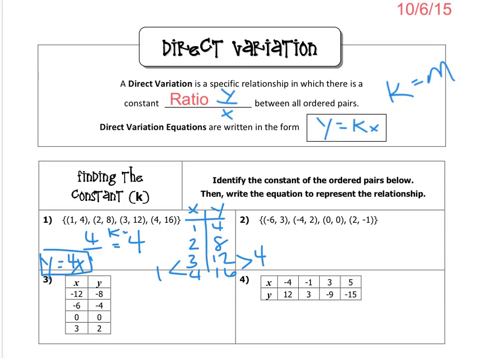Okay, and you would do the same thing over here. Set this one up also in a table, x and y: -6, 3; -4, 2; 0, 0; 2, -1. All right, find the difference. -1 minus 0 is going to give us -1, and 2 minus 0 is going to give us 2. So our k equals -1/2.